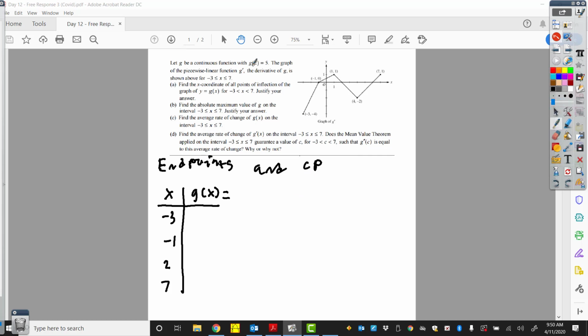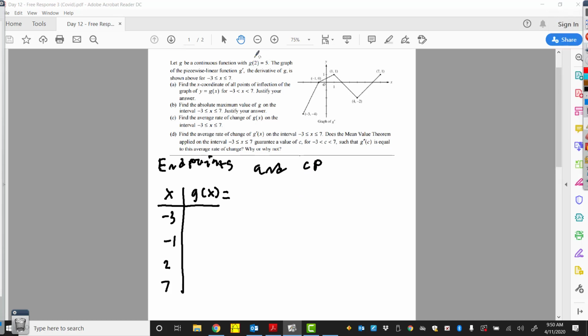Now, our initial condition is this right here. G of 2 is equal to 5. So we say g of 2 plus, and then because this is our initial condition at x equals 2, we have to go from 2 to x of g prime of t dt. Okay? Now, let's look at how that works in practice.